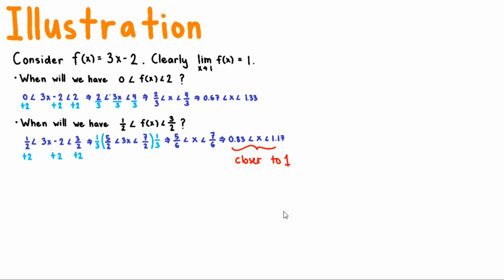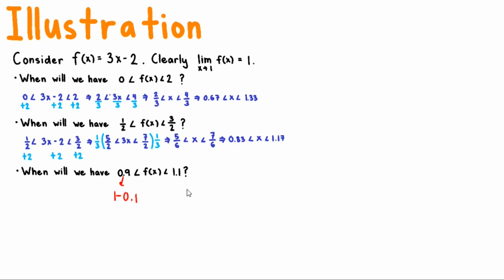So now, let's have this last one. We have f of x between 0.9 and 1.1. In here, this one is already very, very close to 1, since this is just 1 minus 0.1 and this is just 1 plus 0.1.